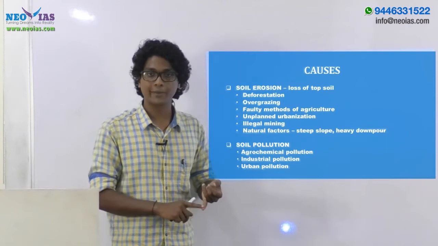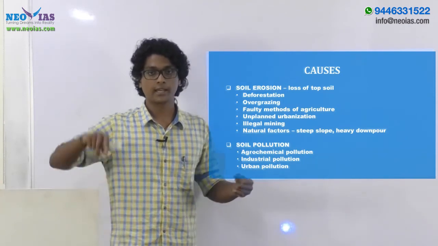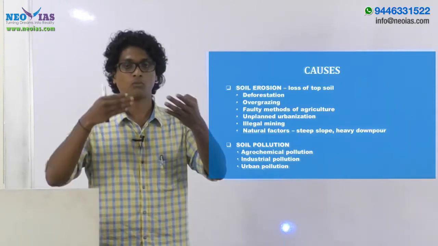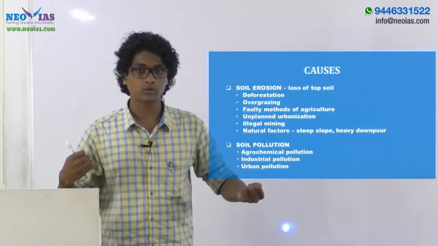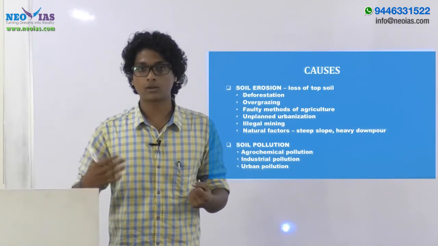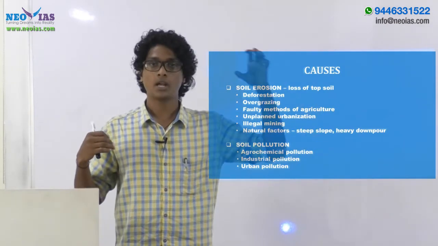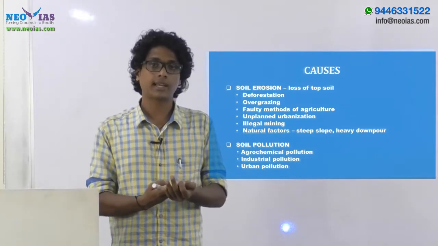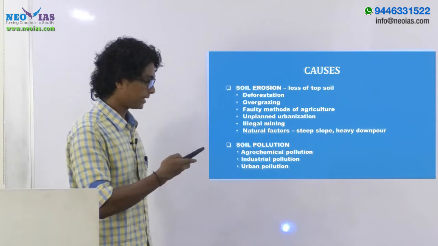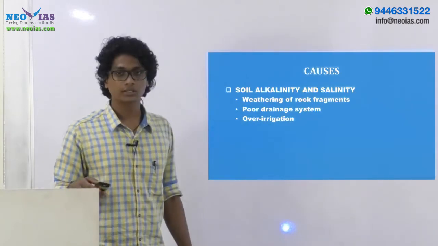If you are not properly managing construction dust, it can clog the natural drainage, which will result in more soil erosion or more soil pollution, as well as in the case of sewage waste. If you are not properly treating that, or if you are dumping plastic waste, all these things can result in soil pollution.